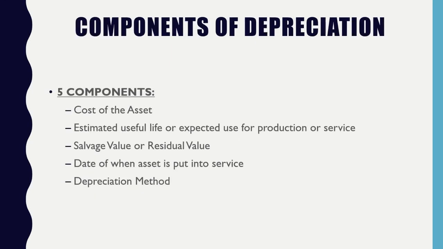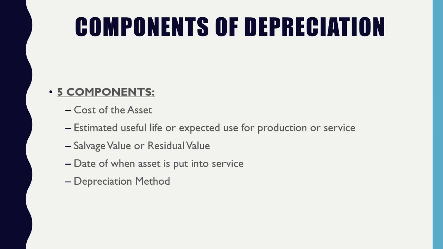So let's go ahead and talk about the components of depreciation. There are 5 total components that you need to know in order to complete depreciation. Okay. First off, you need to know the total cost of the asset. And each one I'll explain in each slide after this.